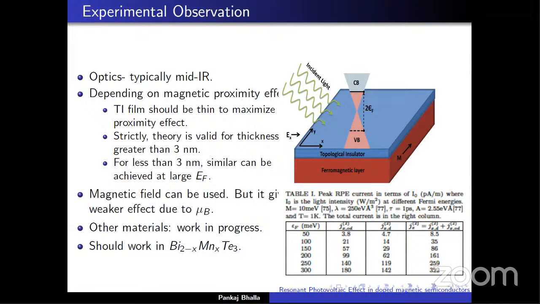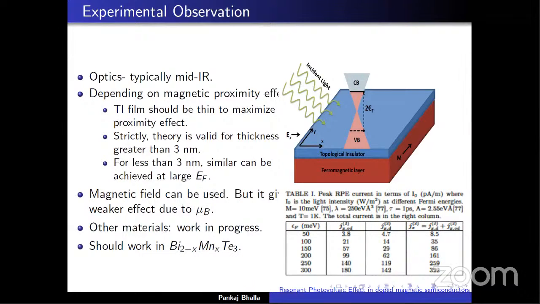That's why I have written twice epsilon f here, because this effect arises at twice epsilon f, as we have seen in our expression. Now the question that can be asked by experimentalists is how thin or thick this topological insulator should be. We have just argued that this can be observed if we make this layer as thin as possible.